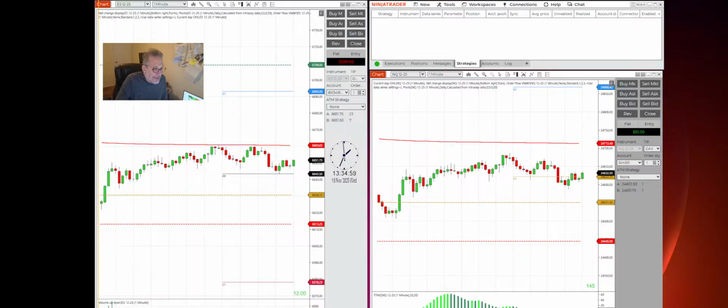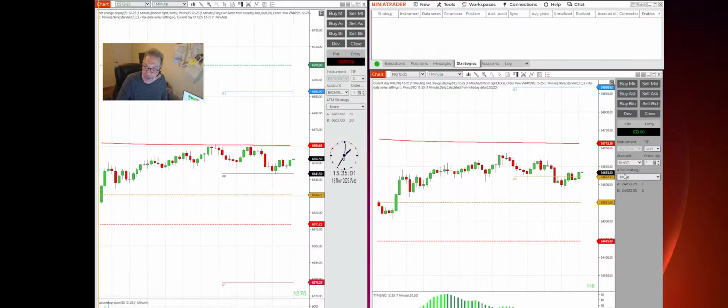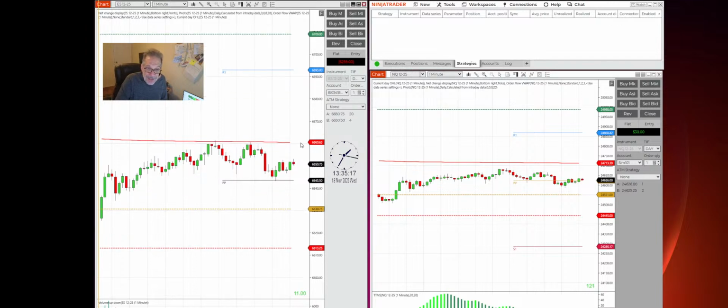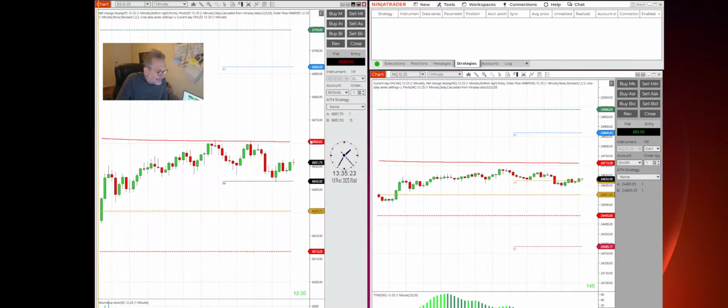Looking at the NQ, you also have a nice high of day, low of day setup available. Could we get to the VWAP on both the ES and the NQ? Yeah, it's possible. It's definitely possible.